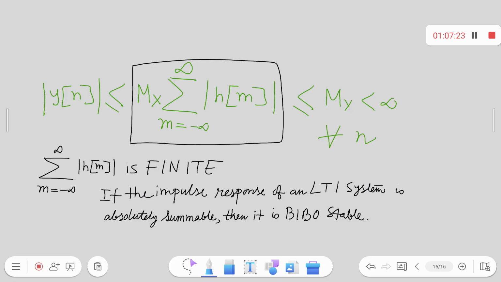Okay. So before I conclude today, I'm just asking a question. Let's investigate this particular system. Say y of t is equal to t times x of t. Let's try to investigate the system.